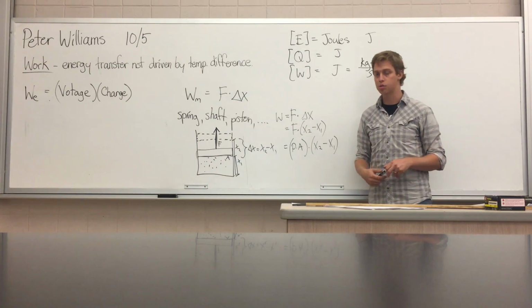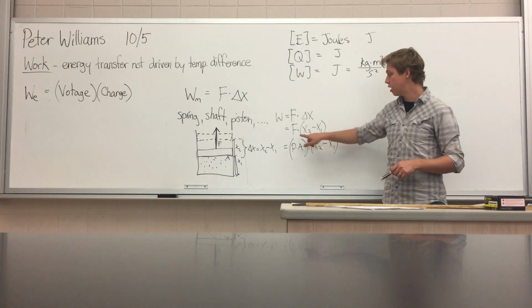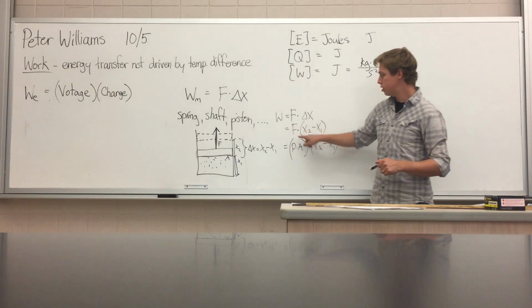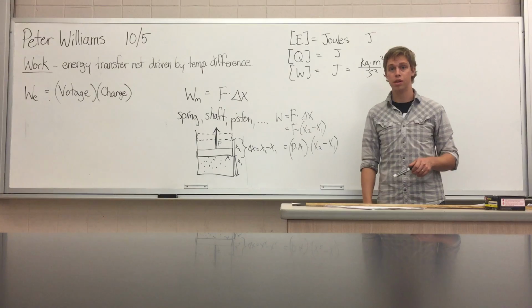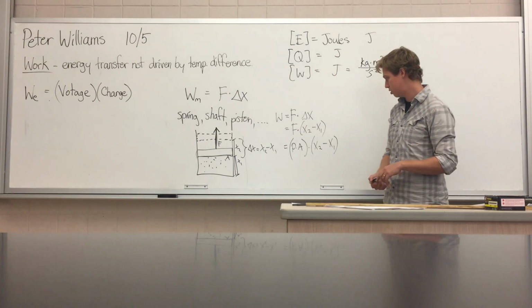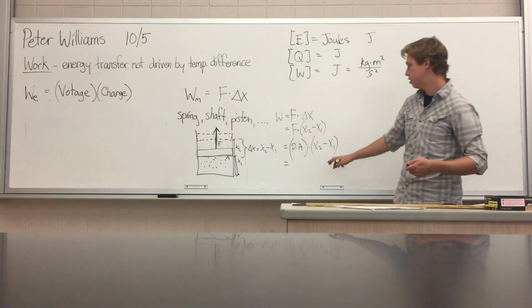Okay, we've done lots of practice problems with that. And so I can rearrange that and say that force is pressure times area. And I'm doing this substitution so that I can eliminate that force, which I don't really care about, but I care about finding out how the pressure affects things. Now watch this, 2 more lines.